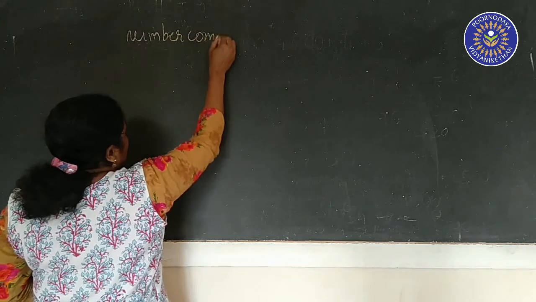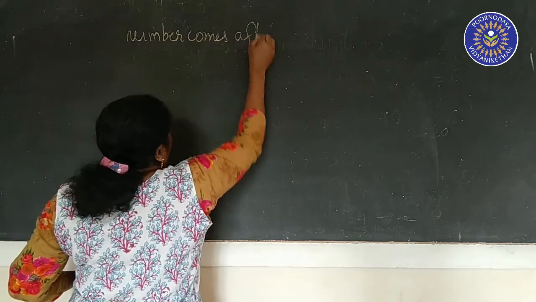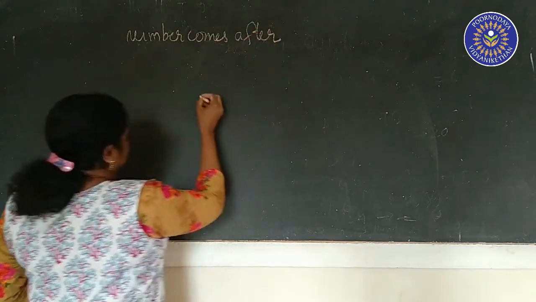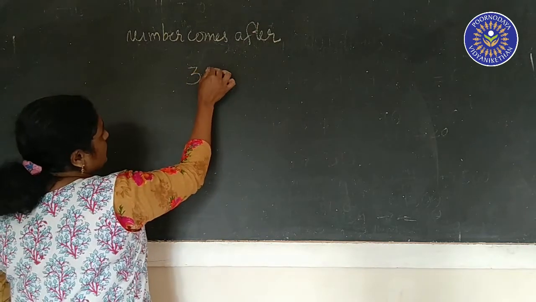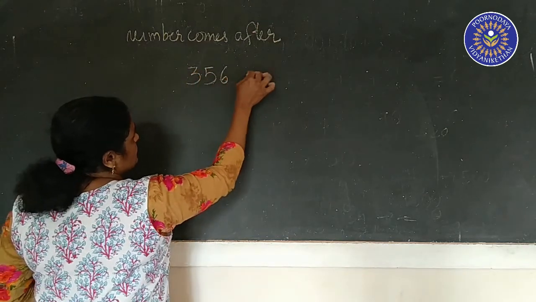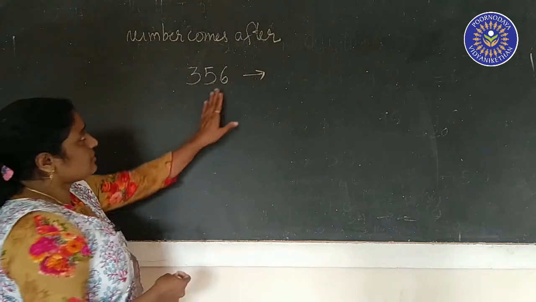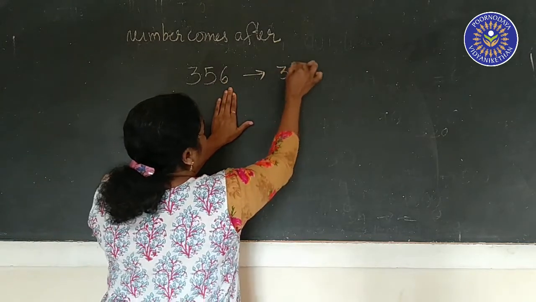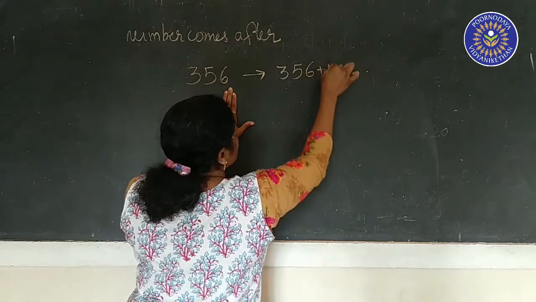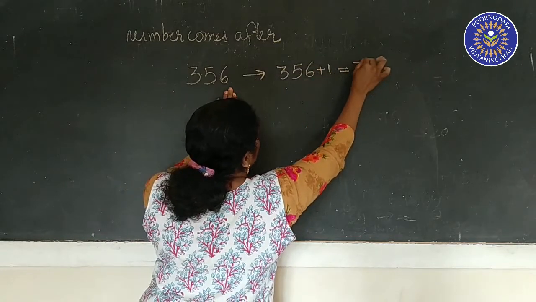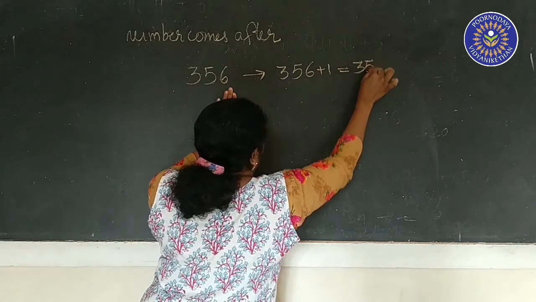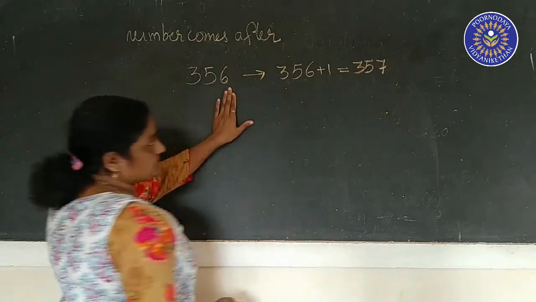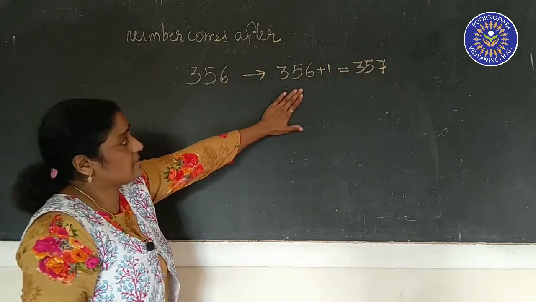Number comes after 356. Which number comes after 356? 356 plus 1, that is equal to 357. You know this, isn't it?